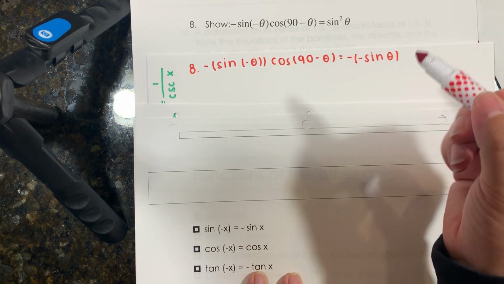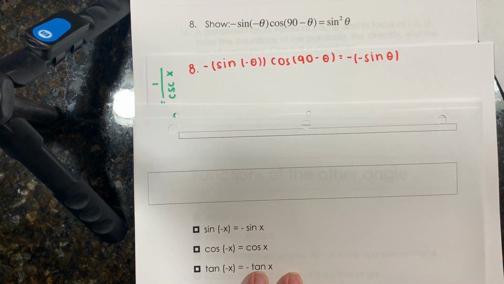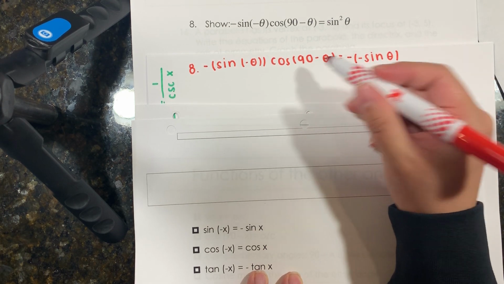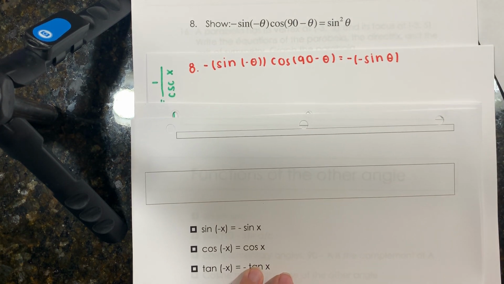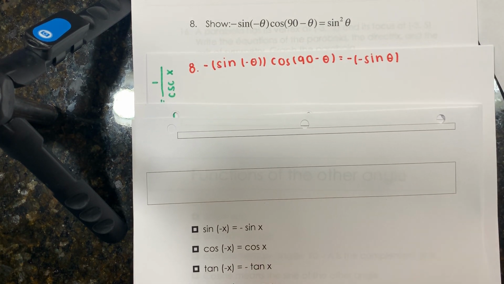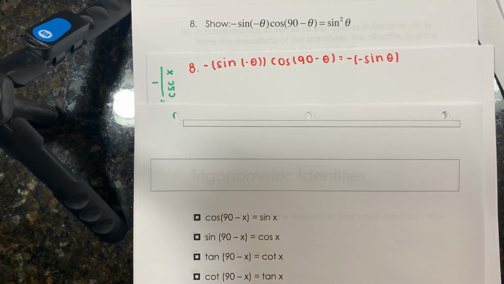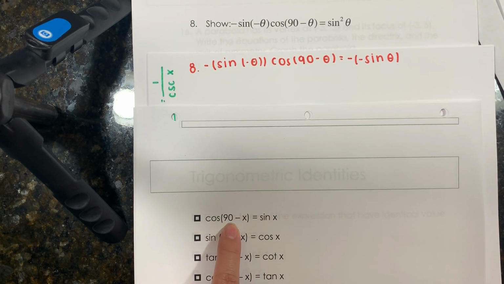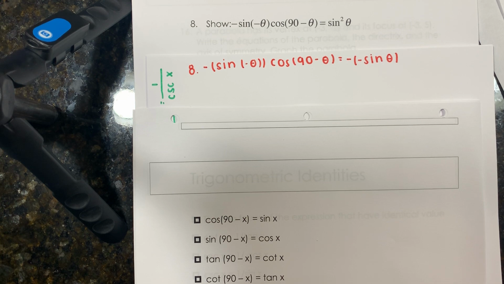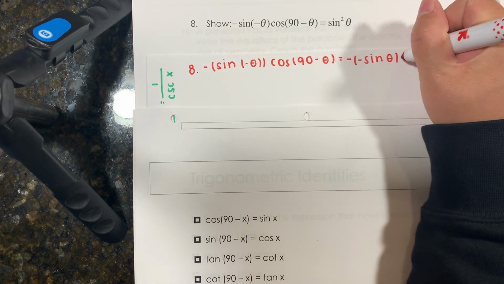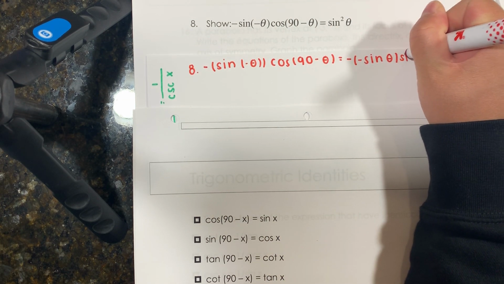So this is going to be negative sine theta, with the minus sign outside. Then I'm going to flip to this slide, which says the cosine of 90 minus x is equal to sine x, which means this right here is equivalent to sine theta.